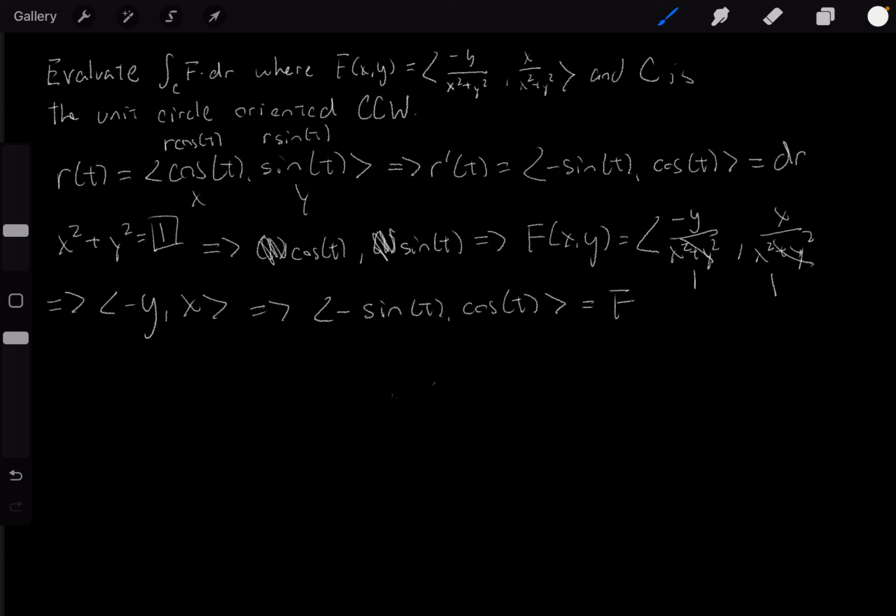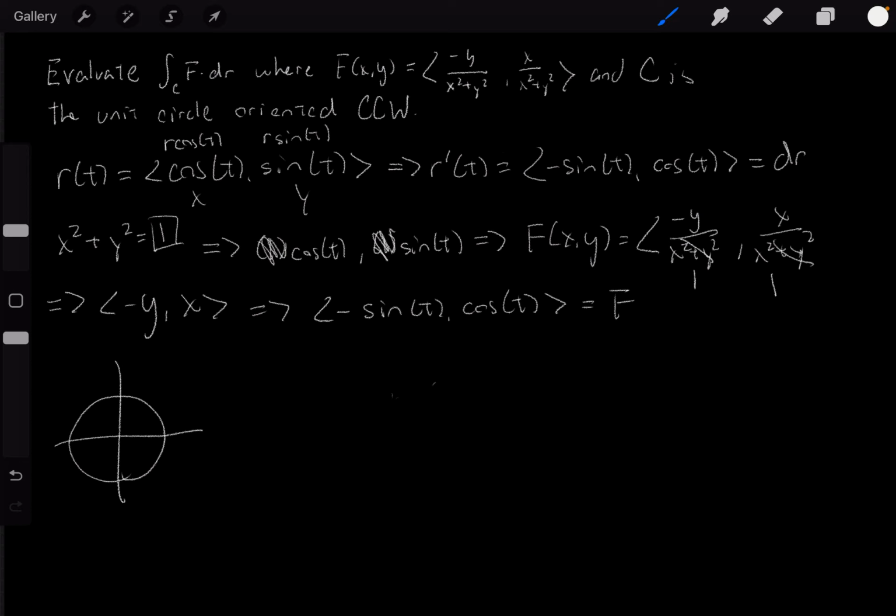Before we plug F dr into the integral, what we have to know is the bounds of the integral. Well, how do we find that out? It's pretty simple. If we look at a unit circle, it's oriented counterclockwise, which means it's positive.